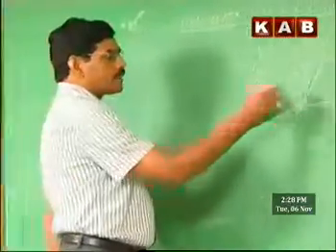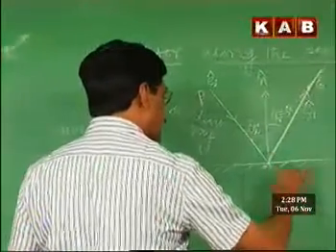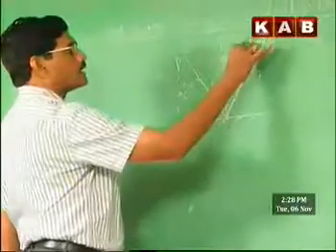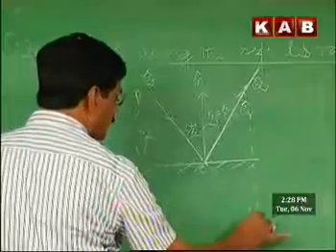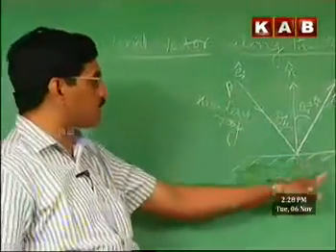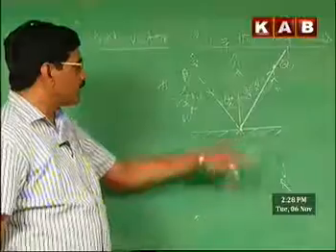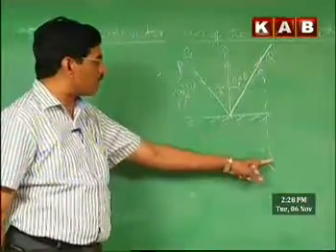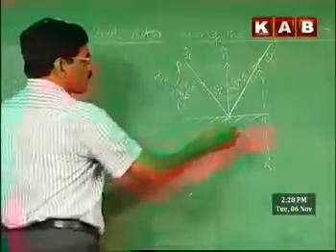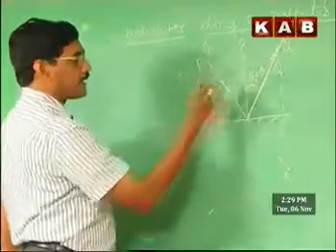In the absence of the mirror, the ray would have continued along this direction and reached this point R instead of reaching Q. Because of the presence of the mirror, the ray is reflecting and reaching Q in a time. In the absence of the mirror, it would have reached R. Therefore, the unit vector in the OR direction is EI.